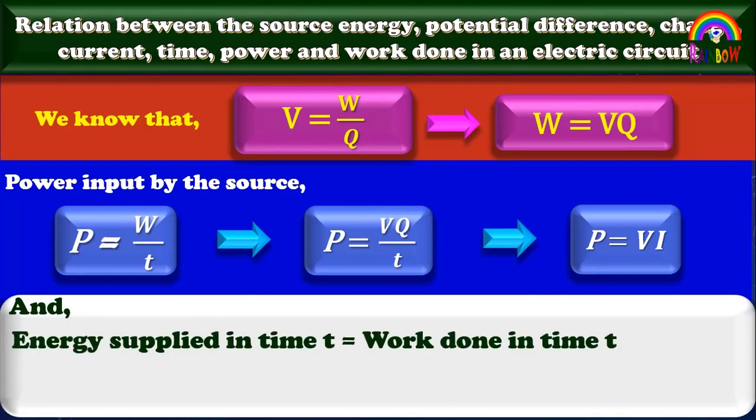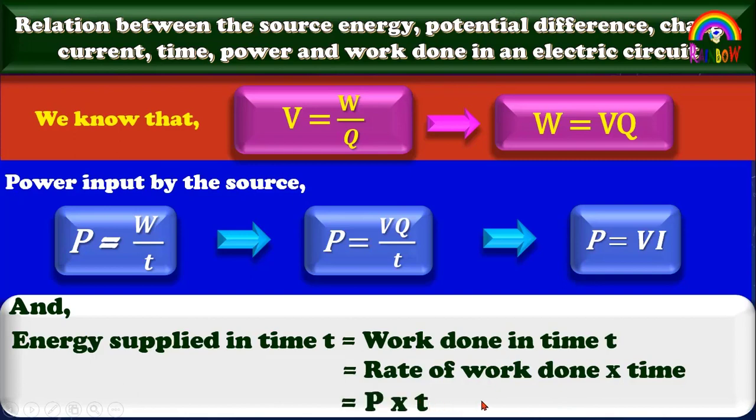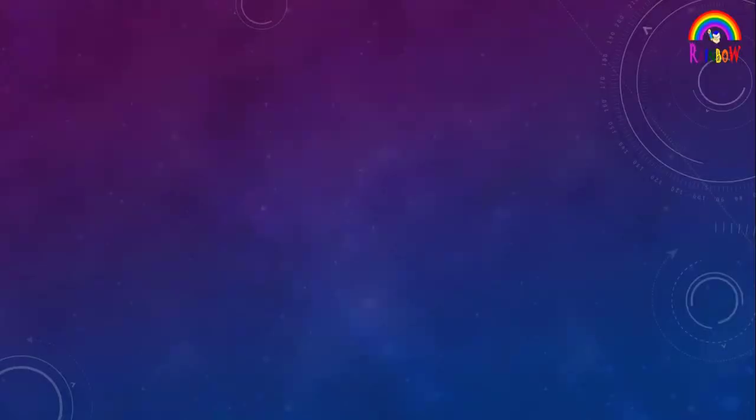And energy supplied by the source in time T in an electric circuit is equal to work done in time T. We can also write it as rate of work done into time. You know that this rate of work done is power, so we can write P into T. Now, let's write this for a purely resistive circuit.